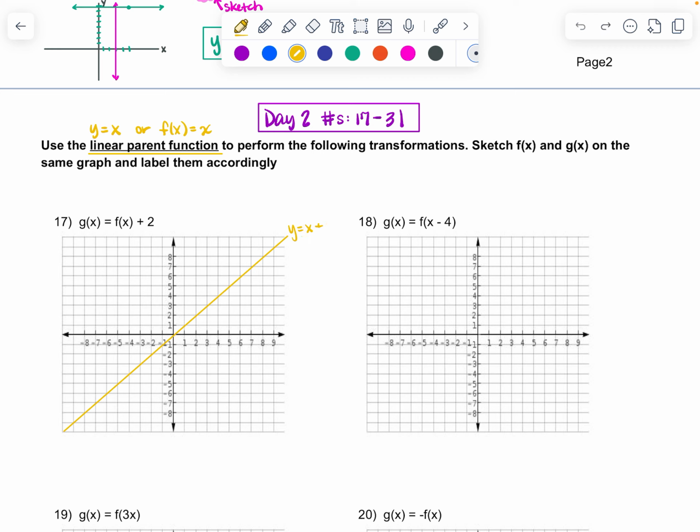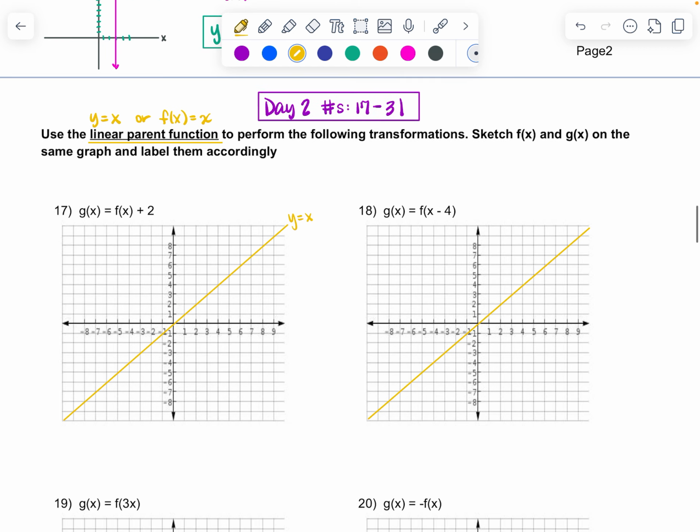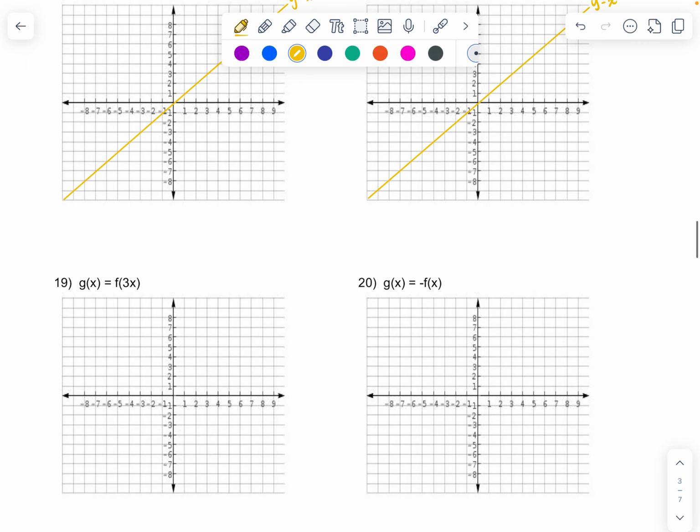That is what y equals x looks like. And I'm going to go ahead and sketch him while I'm at it. I'm just going to draw him on every single graph, because this is the original line that we are talking about on all 4 of these problems. Remember, it has to go through the origin and have a slope of 1.